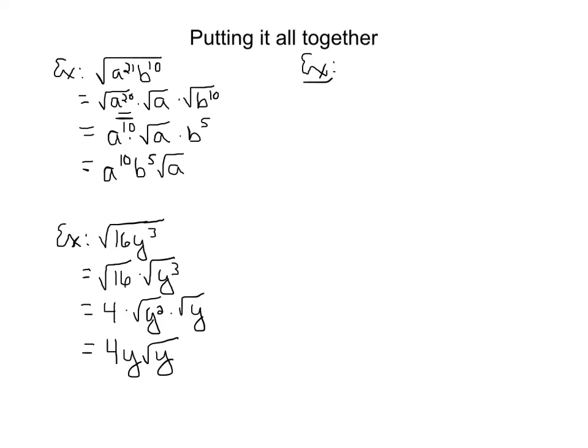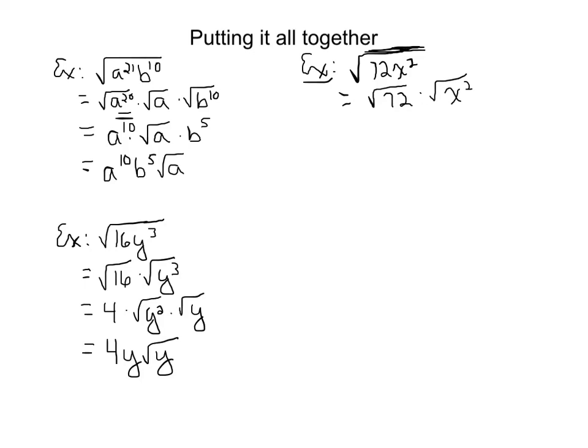Suppose we have the square root of 72x squared. Oops, make sure that radical goes all the way across there. Again, I have a number, so the square root of 72 times the square root of x squared.